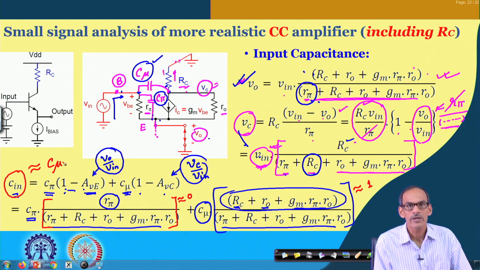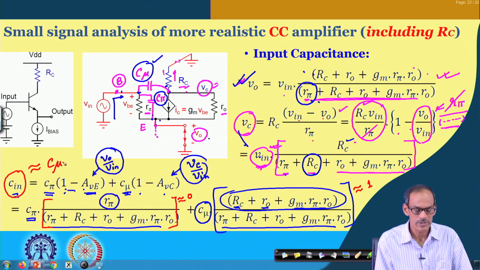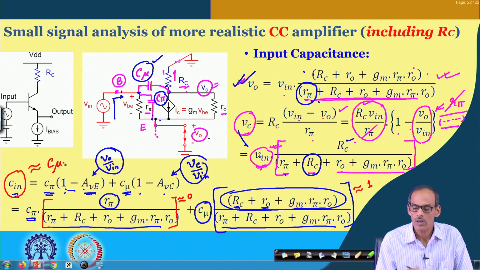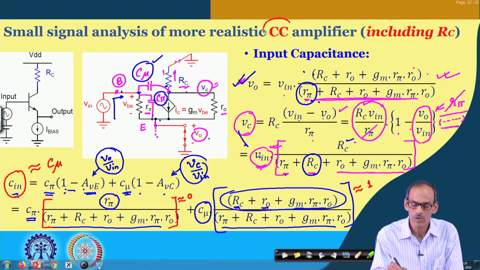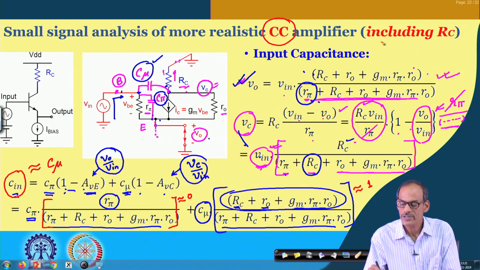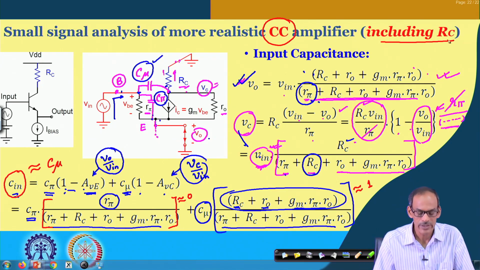So again we are converging to a similar conclusion, namely the input capacitance is low, the input resistance of this circuit is high, the output resistance remains low, and the voltage gain remains approximately 1. So we have done this analysis for a common collector circuit considering this collector resistance.